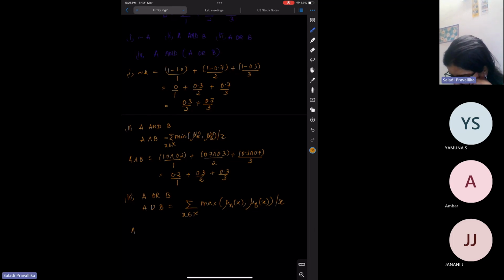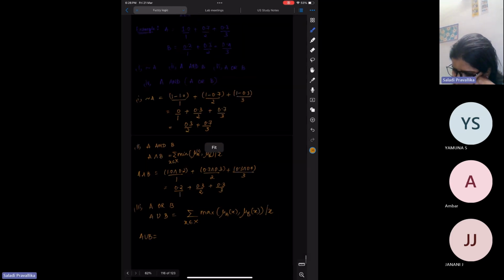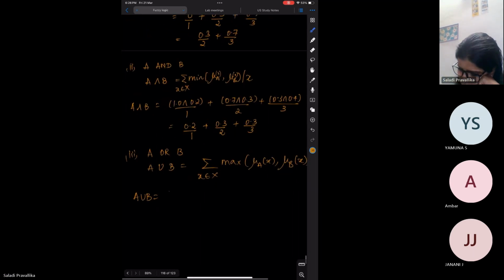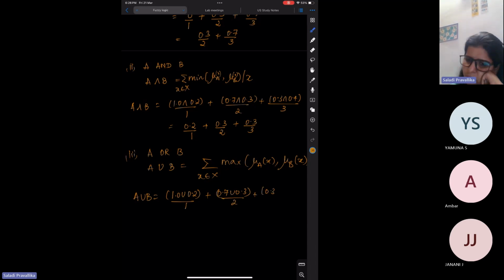So A union B is equal to 1 union 0.2 for 1, next 0.7 union 0.3 for 2, and 0.3 union 0.4 for 3.